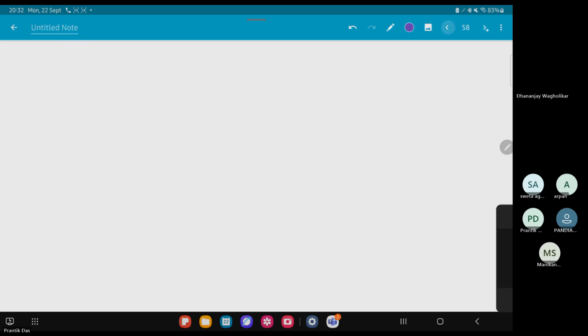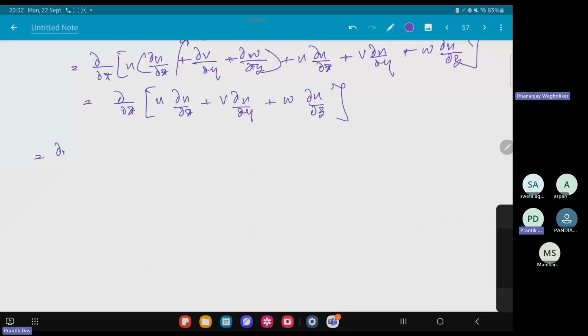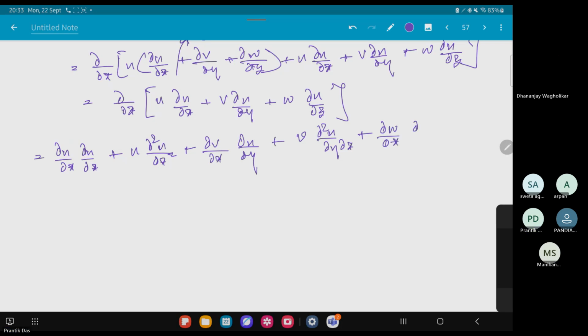So du dx du dx plus u d square u dx square plus dv dx du dy plus v d square u dy dx plus dw dx du dz plus w d square u dx dz, multiplied by rho. So this can be further simplified.